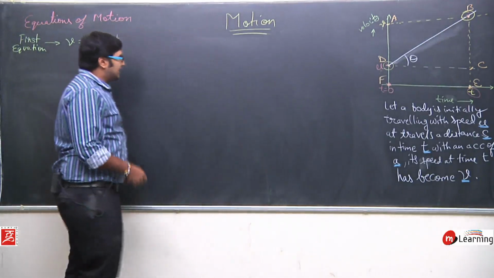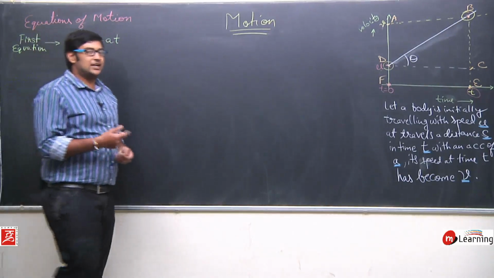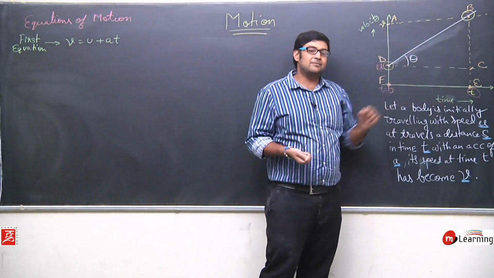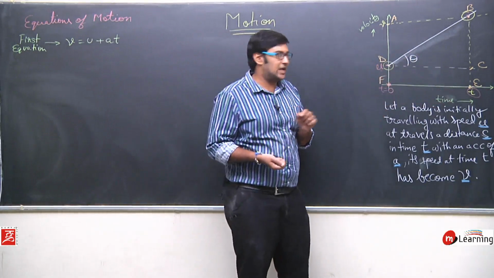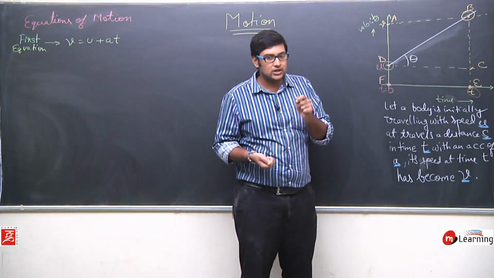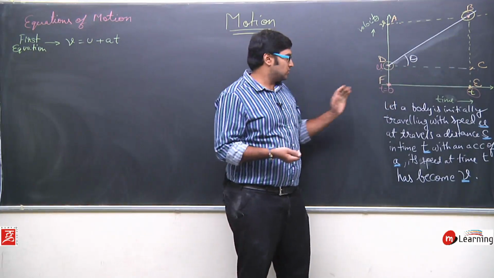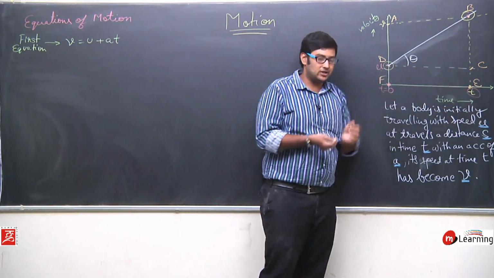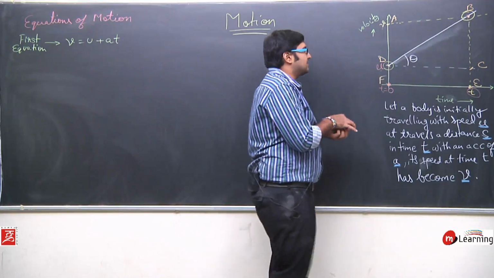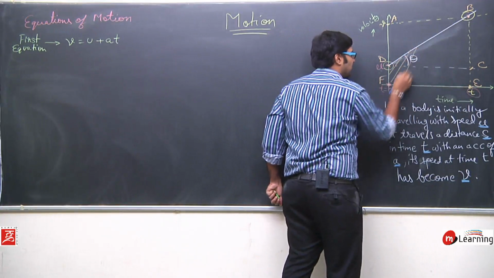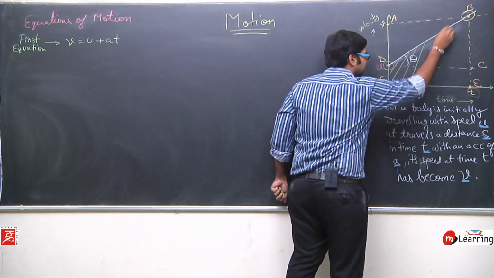Now, secondly, we can derive the second equation of motion. Let's see how. Using this velocity time graph, we know a condition that the area inside the velocity time graph gives you the distance. The body has traveled from t equals 0 to this t point. I can say the distance traveled by the body in this t time is the area of this region.